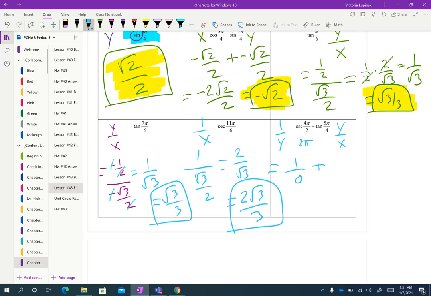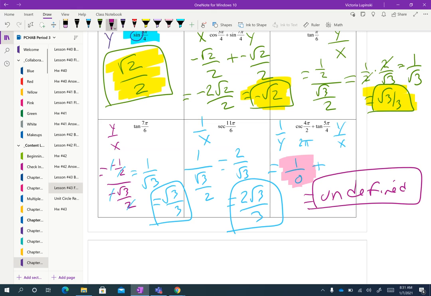So it doesn't actually even matter what the tangent of 5 pi over 4 is. As long as I get some value that doesn't work, I'm going to declare that this answer is undefined. If you get a 0 in a denominator, that is always going to be undefined. Keep in mind, if you got a 0 in a numerator, then that would just be equal to 0, which would be fine. Go ahead and highlight these values for you.